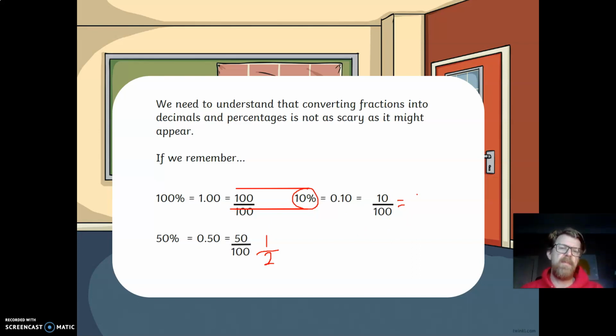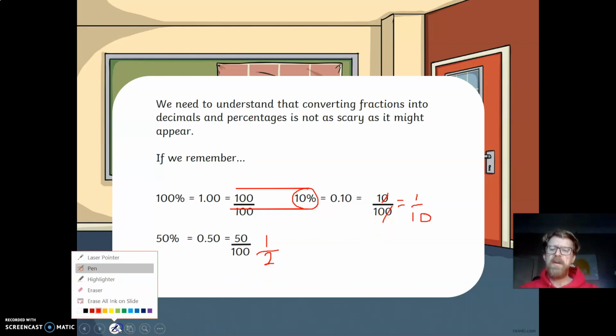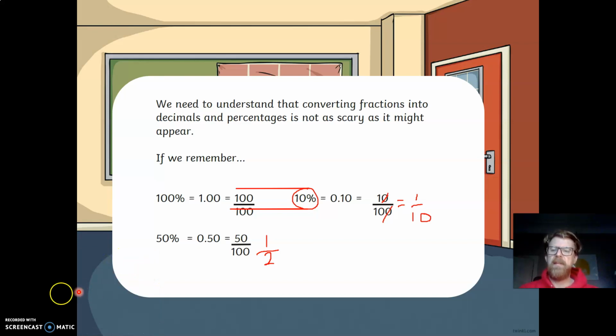Tell the person next to you what it would be. 1/10. That's easy to do because we can just cross those zeros out like that. So 1/10 is remaining. As we're going through this, I would like you to think how we might do it and keep it as simple as we can.